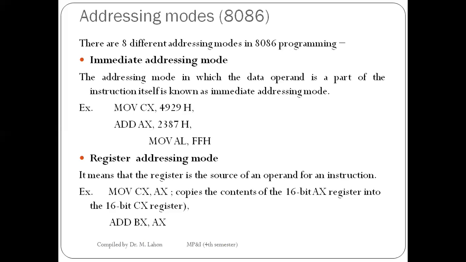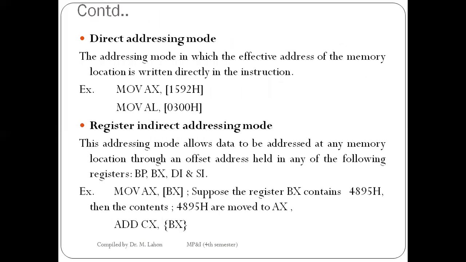You already know by this time that AX is the accumulator, and every operation's results are stored in the accumulator. These are the two examples given here for register addressing. That means the operand is kept in any one of the general purpose registers or any other register.